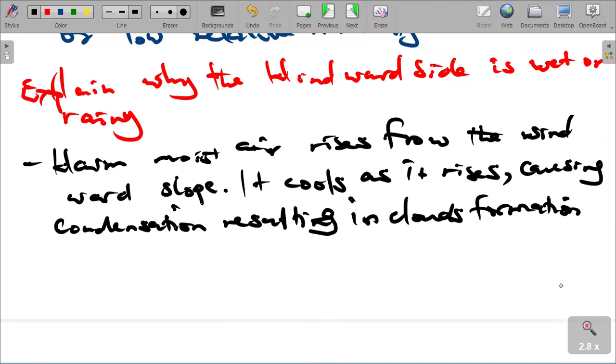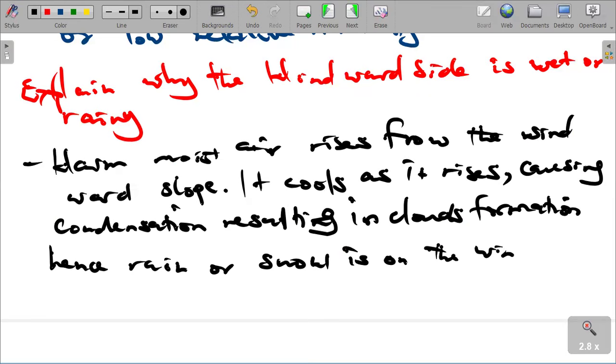Therefore, when clouds are formed, we can have rain or snow. Rain or snow can be found on the windward slope.